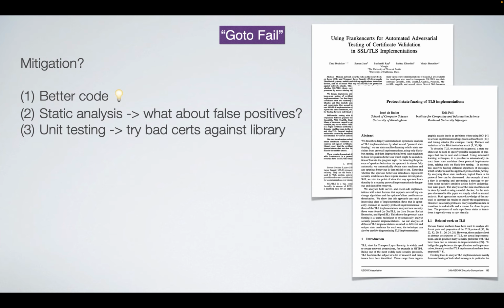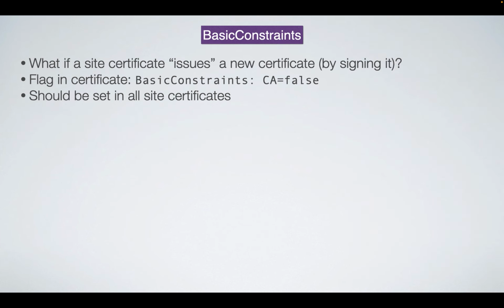You can try some static analysis tools. The problem with the tools is you'll get a lot of false positives. Or the best thing you could do is do some unit testing. Fuzzing is one way where you just throw stuff, whether it's certificates or just messages, at the library and see what happens.